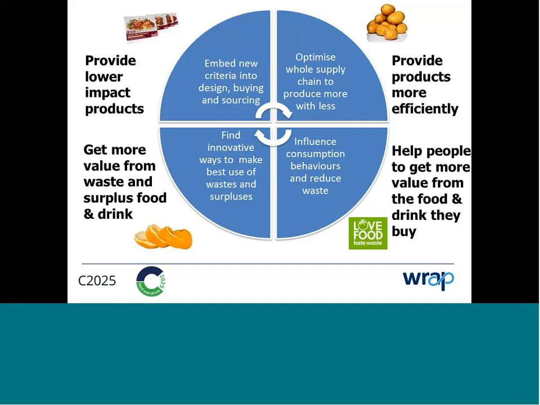Helping people to get more value from the food and drink that they buy, influencing consumption behaviours and reducing waste. So this is essentially our Love Food, Hate Waste campaign, but also moving forward and looking at healthy and sustainable diets. And then last but not least, we recognise that there will be some waste, so it's about getting more value from waste and surplus food and drink, so finding innovative ways to make the best use of waste and surpluses.